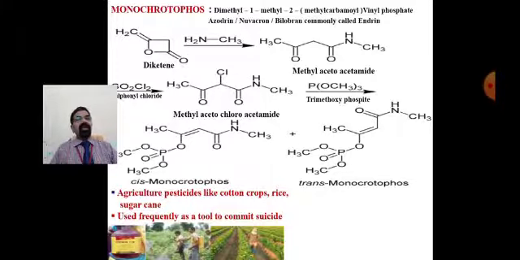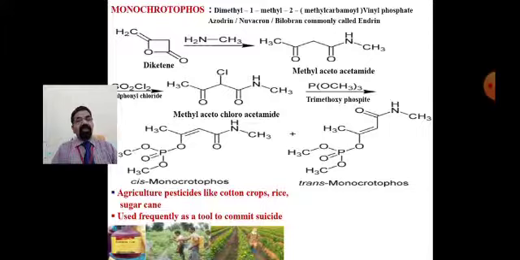It is called azodrin, it is also called Nuvacron, but commonly and familiarly it is known as Andrin, and chemically it is called dimethyl 1-methyl 2-methylcarbamoyl vinyl phosphate, that is called monocrotophos.